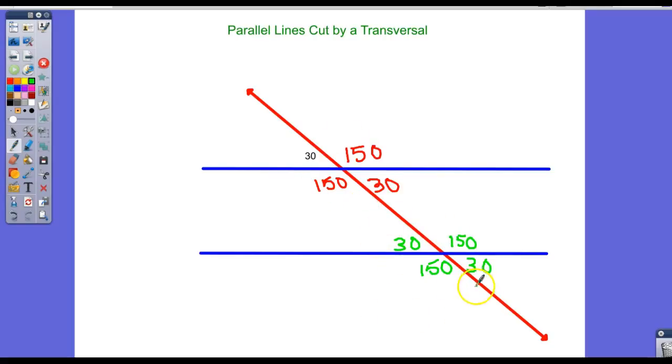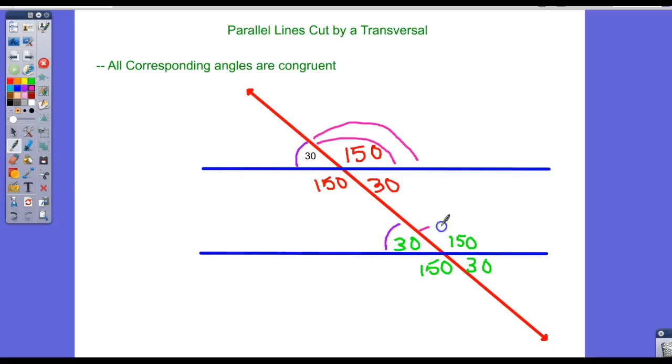But what do you see? Since this is essentially the same line as this, we've got all the same angles as we do up here. What results is that all corresponding angles are congruent, and that means all the ones that are in the same spot. So everything that corresponds is all going to be the same.